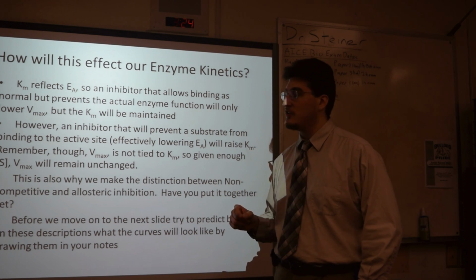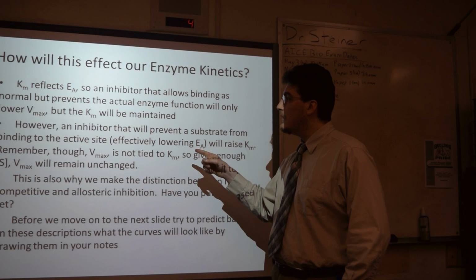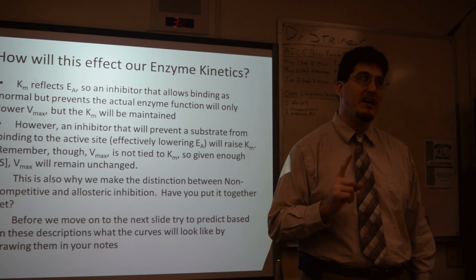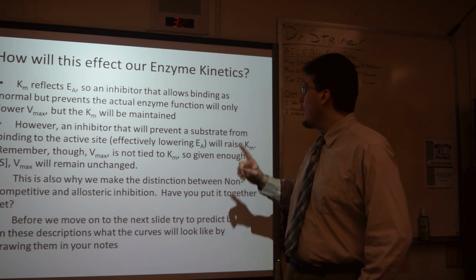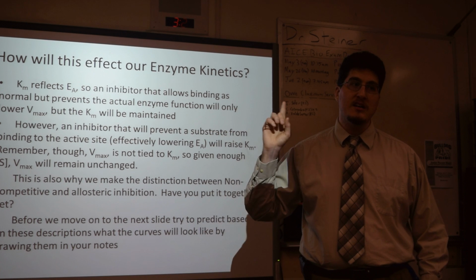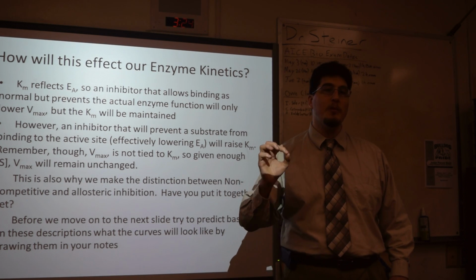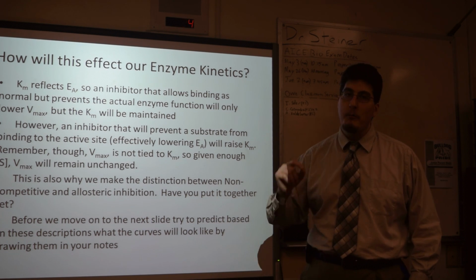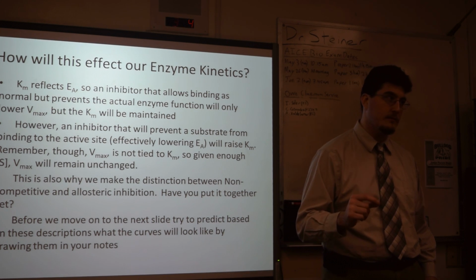Vmax is unchanged. This inhibitor that does this is a competitive inhibitor. A competitive inhibitor will raise Km and leave Vmax unchanged. Vmax will be unchanged and Km will be raised by a competitive inhibitor.